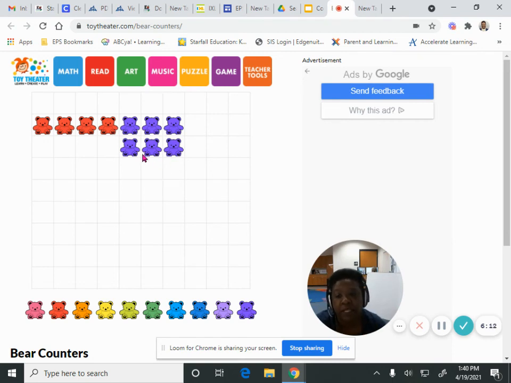What happens if I take away one of our sheep and I add another chicken? Do you think our answer would change? Let's find out. 2, 4, 6, 8, 10, 12, 14, 16, 18. Wow, our answer did change.